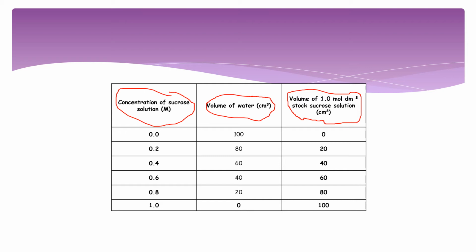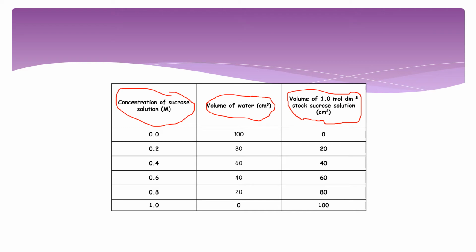For 0.0 concentration of sucrose in molar, we have 100 centimeters cubed of water to 0 centimeters cubed of sucrose solution. And then for 0.2, we'd have 80 centimeters cubed of water and 20 centimeters cubed of sucrose. For 0.4, we'd have 60 centimeters cubed of water and 40 centimeters cubed of sucrose.